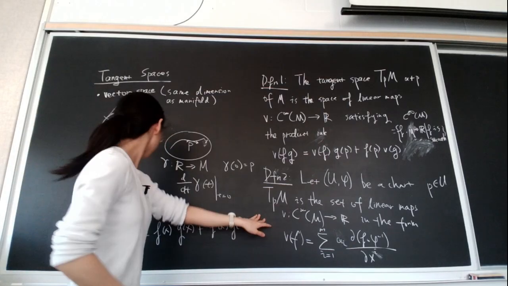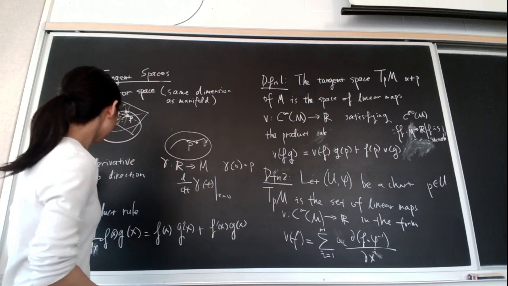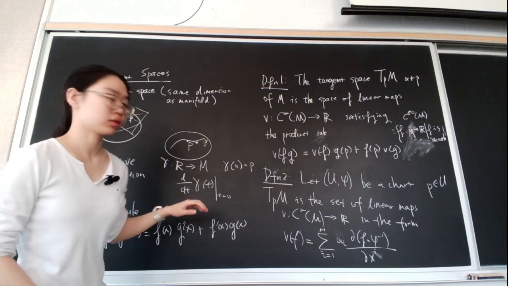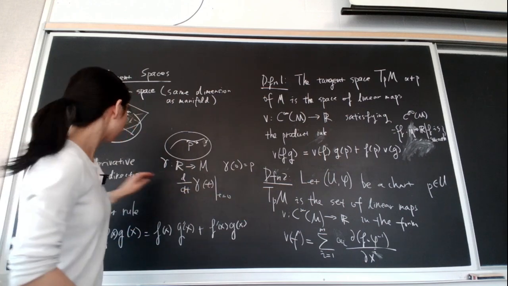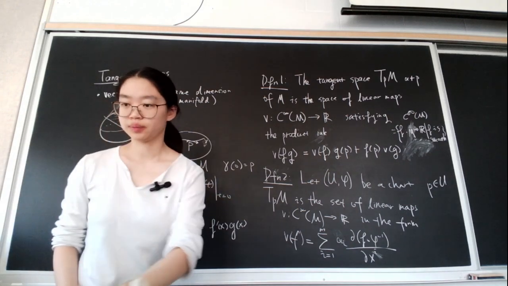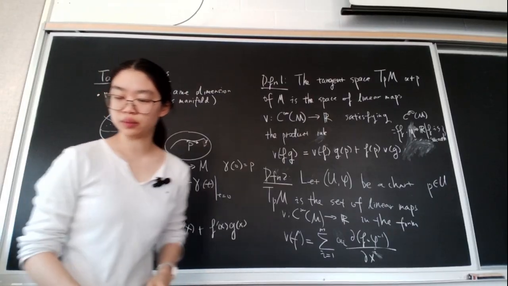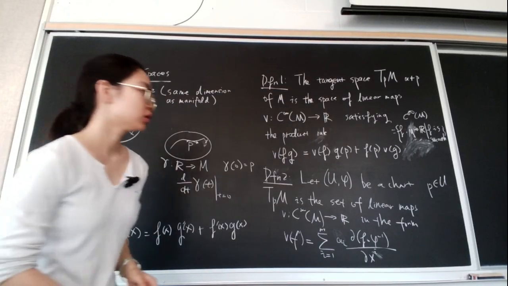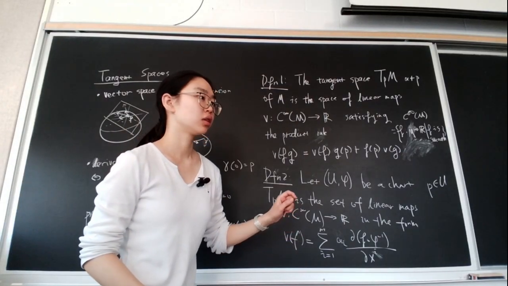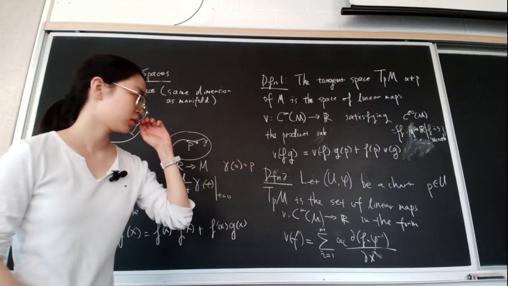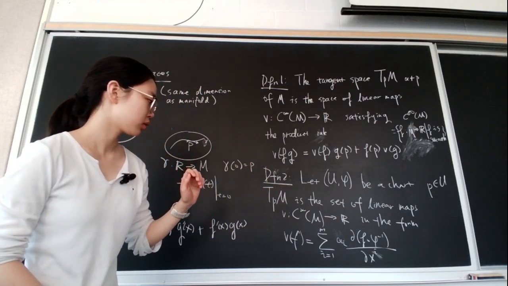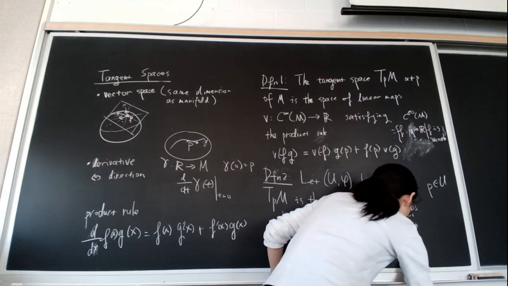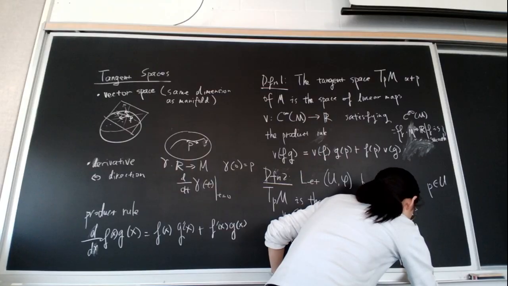From the second definition, it's more obvious that this is about directions. One thing, to not be pedantic, you want to take the derivative at the point phi inverse of P or something like that.